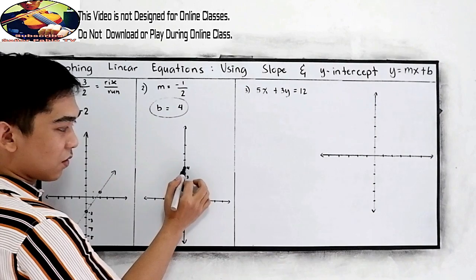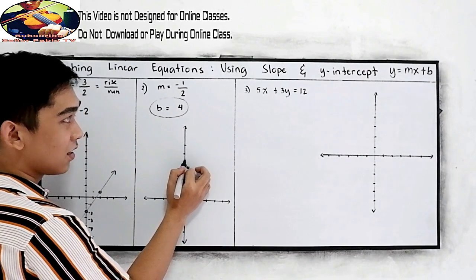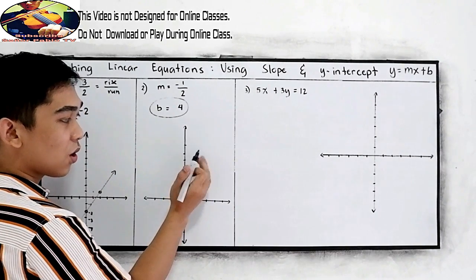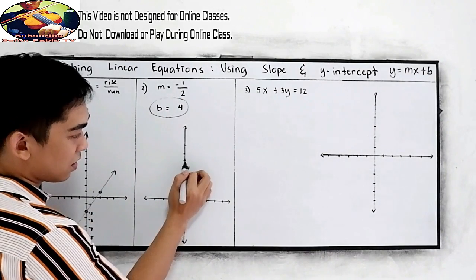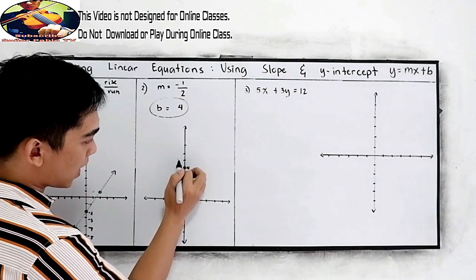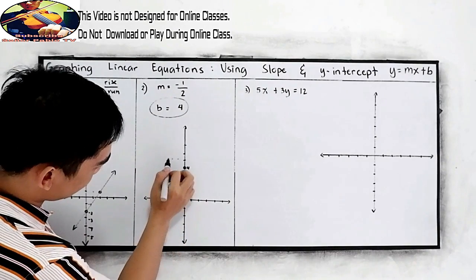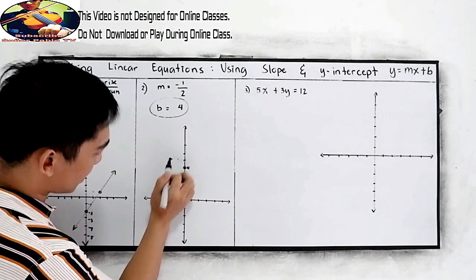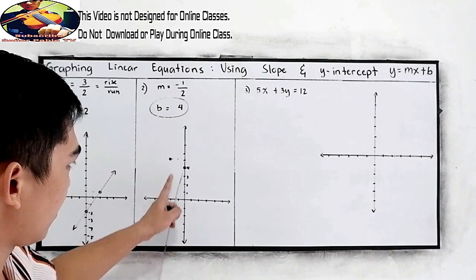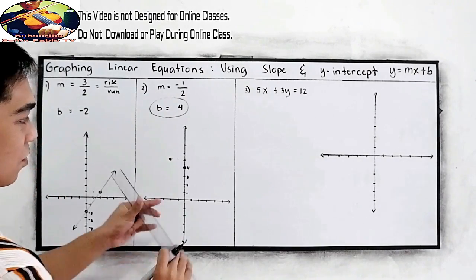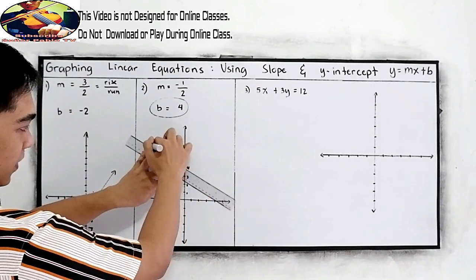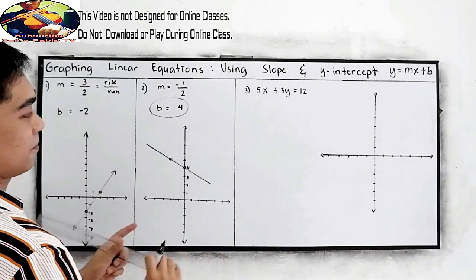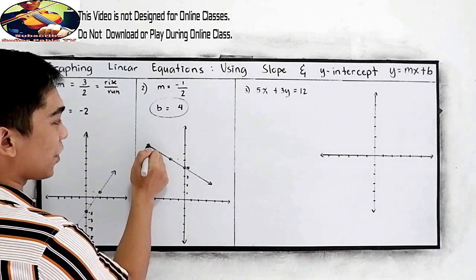So, 1 rise, negative, so we will run to the left twice. So 1, 2. Point is located. Okay. Now connect the points. This will be our graph.